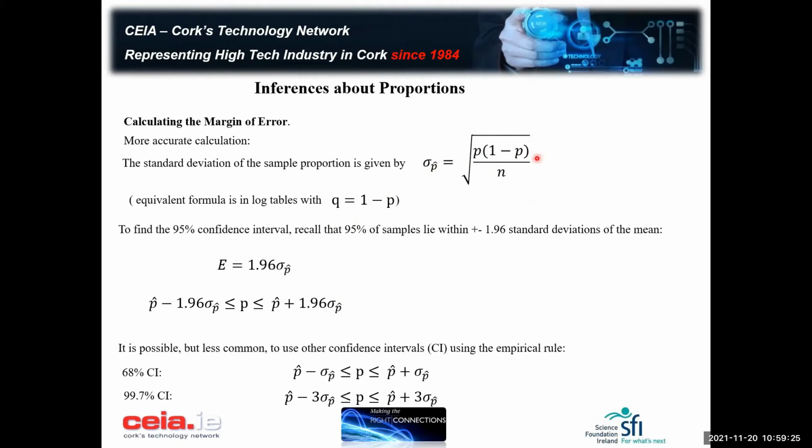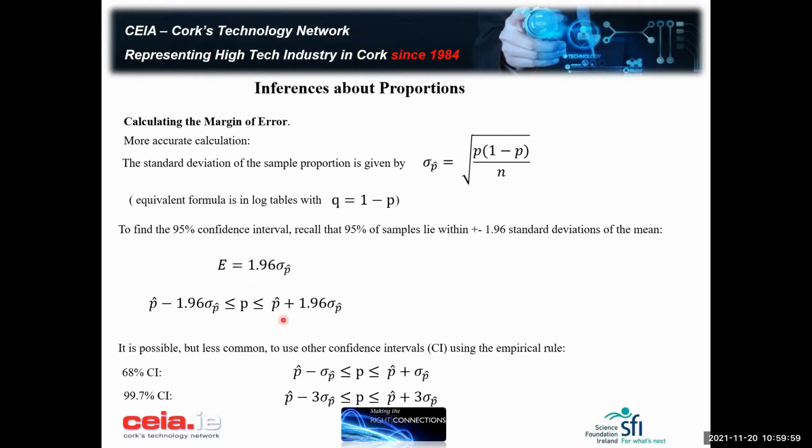Since this gives you the standard deviation, remember the rule, the empirical rule, that 95% of samples lie within 2 standard deviations of the mean, or to be accurate, within 1.96 standard deviations of the mean. That means your margin of error for 95% confidence is 1.96 times the standard deviation of the proportion.